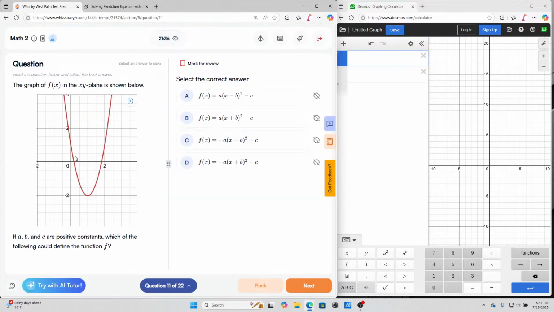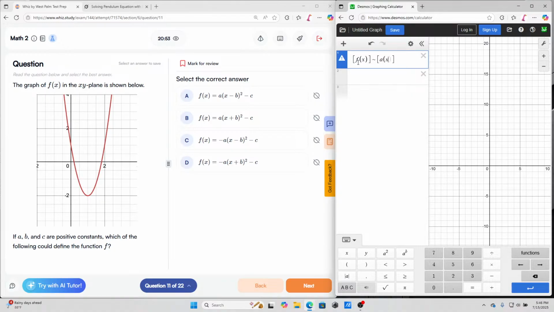So, okay, so f of x is equal to a x1 minus b squared minus c.